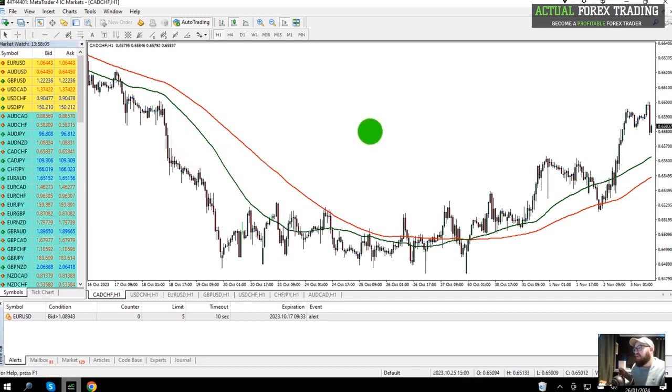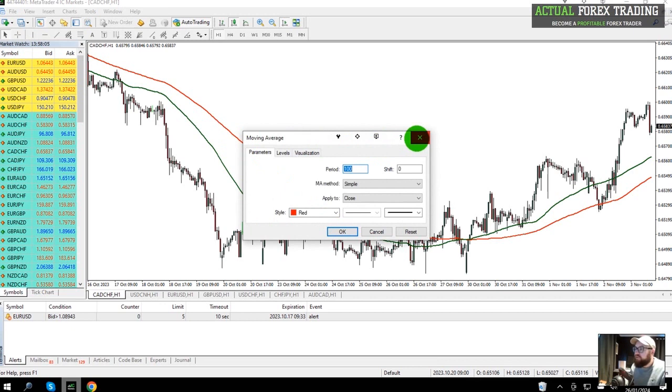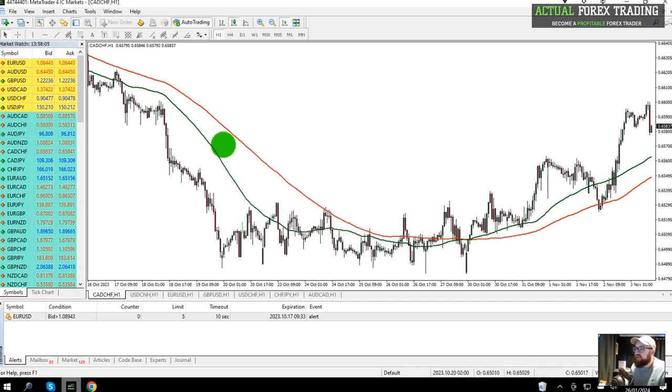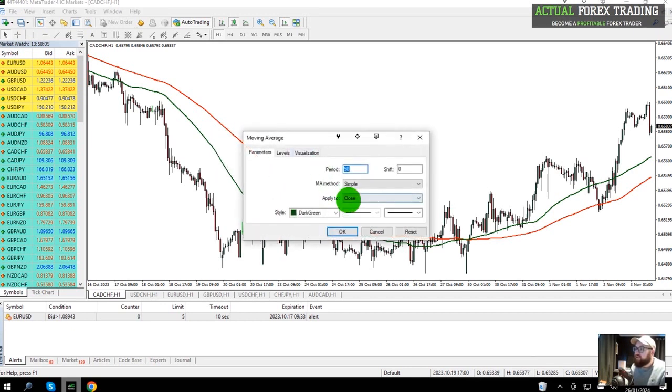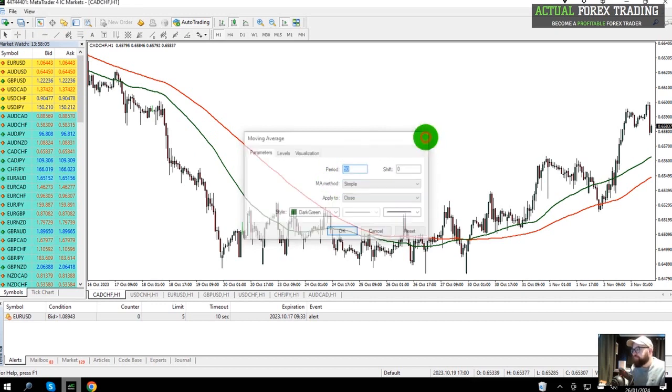There we go. So you can have two moving averages, as I mentioned earlier, a faster and a slower. The slower is the red, the faster is the green. So we have a 100 moving average, which is red, and a 50, which is dark green.